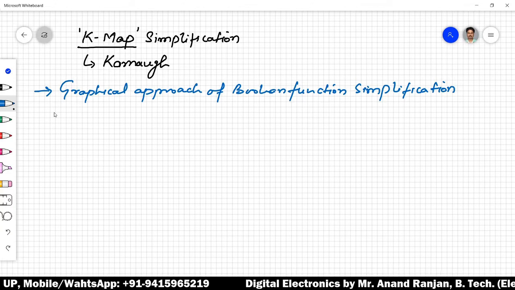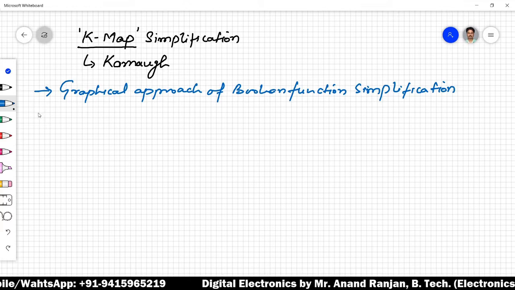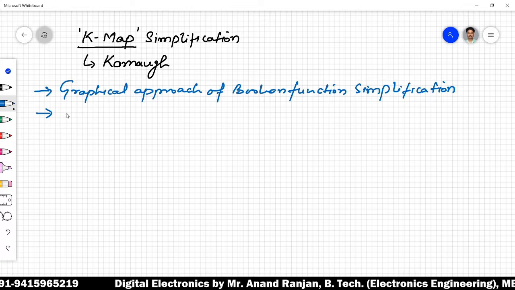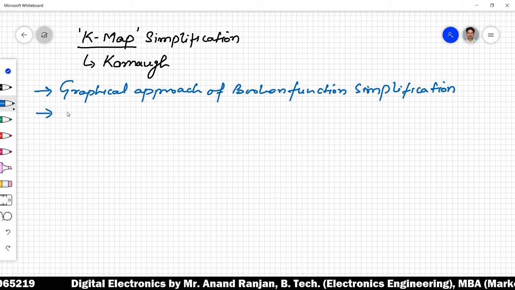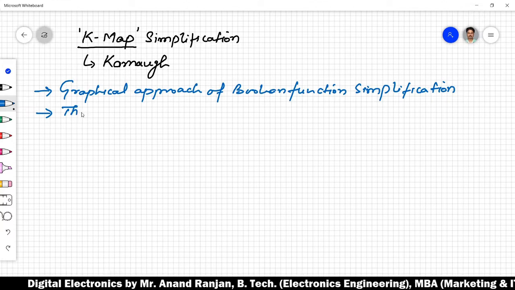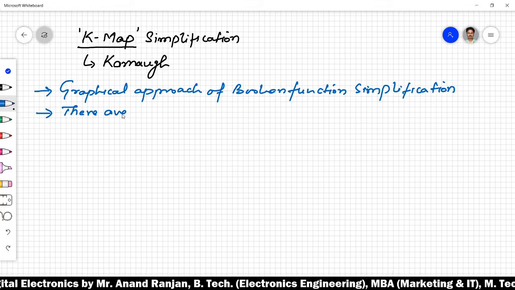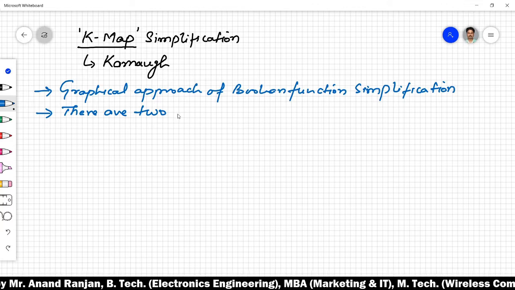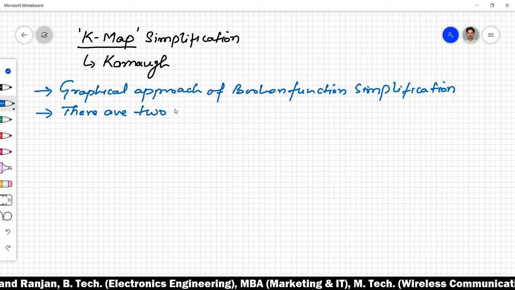If we talk about the classification of the Karnaugh map, it can be classified into two groups. There are two types of K-map.